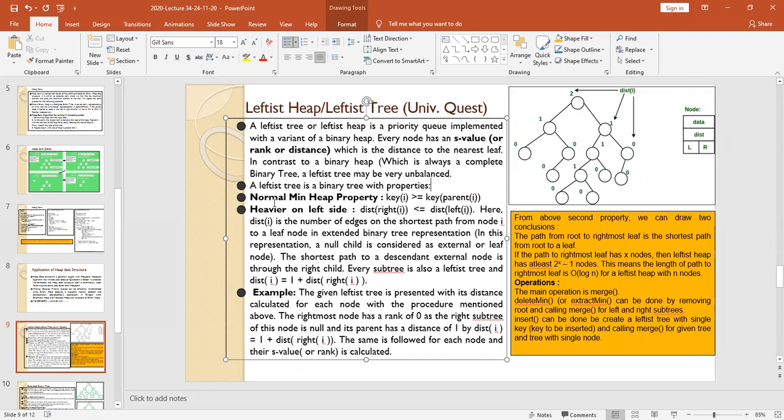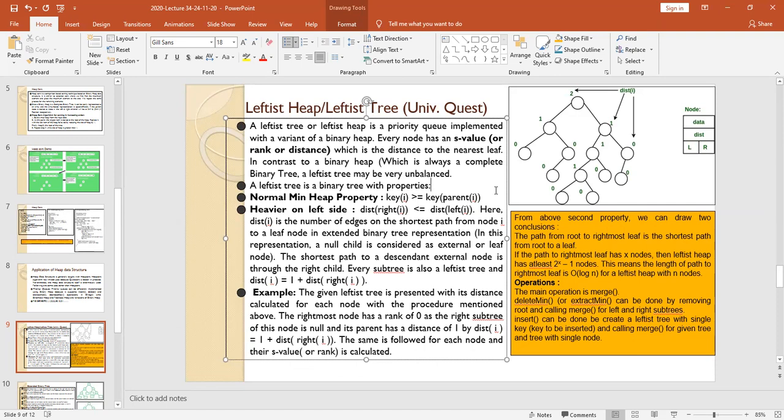So what is the first property? First, you should have the min heap property. When we call it a min heap, the parent is lesser than the children. That can be taken as key of i is greater than or equal to key of parent, where i is the child.